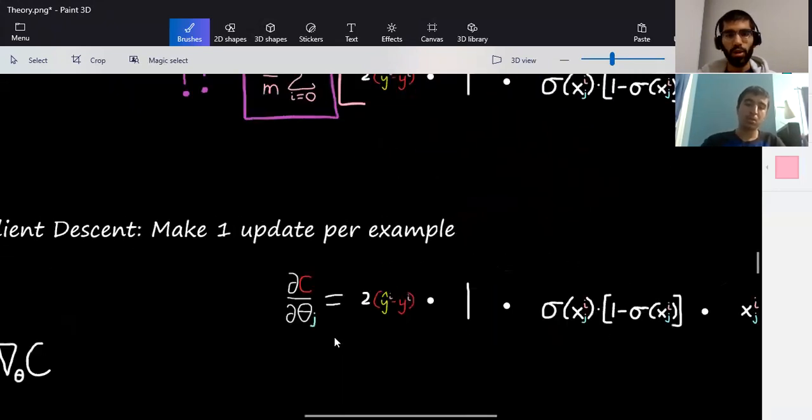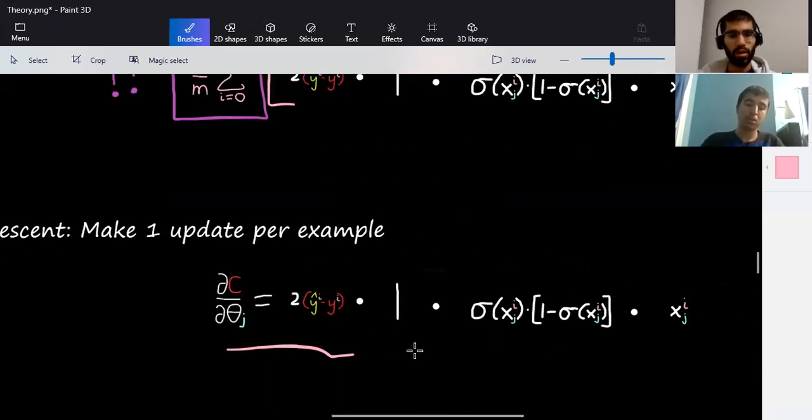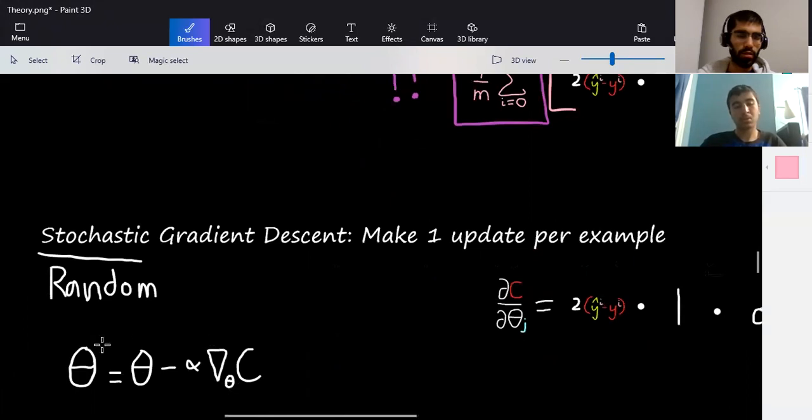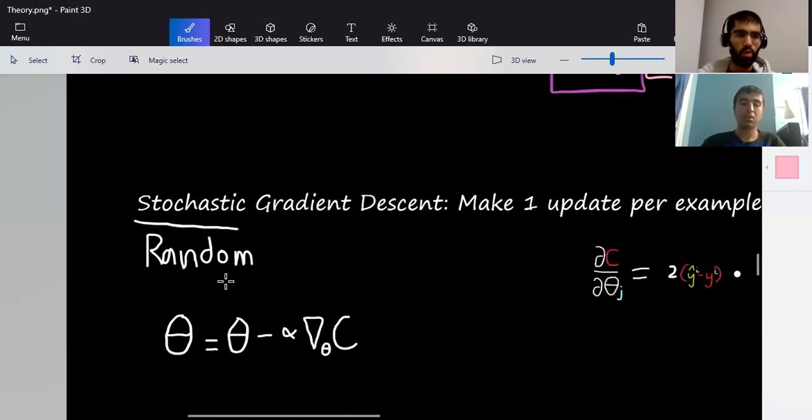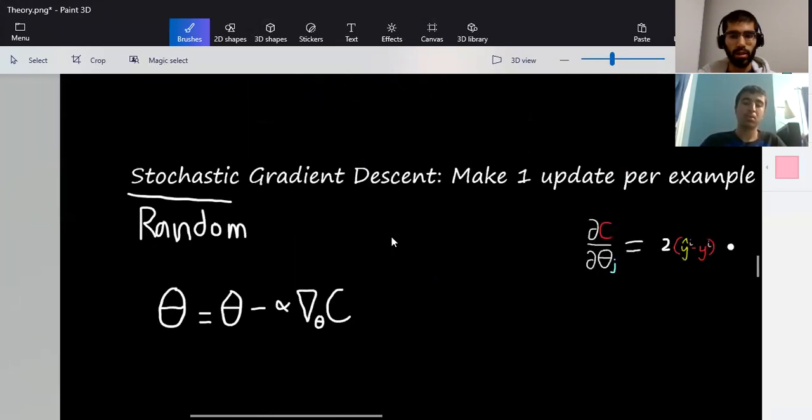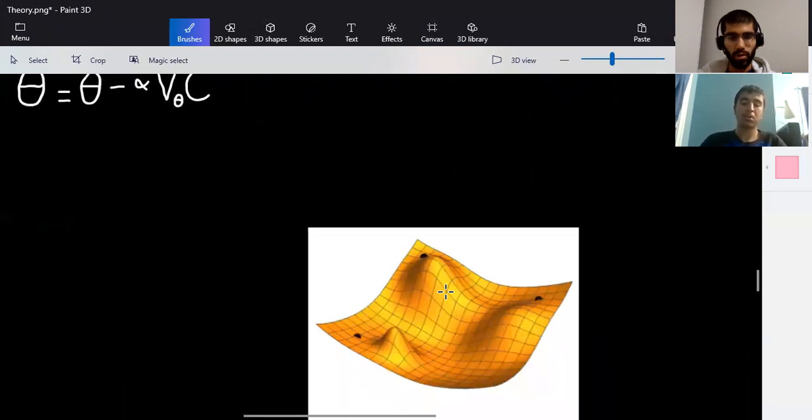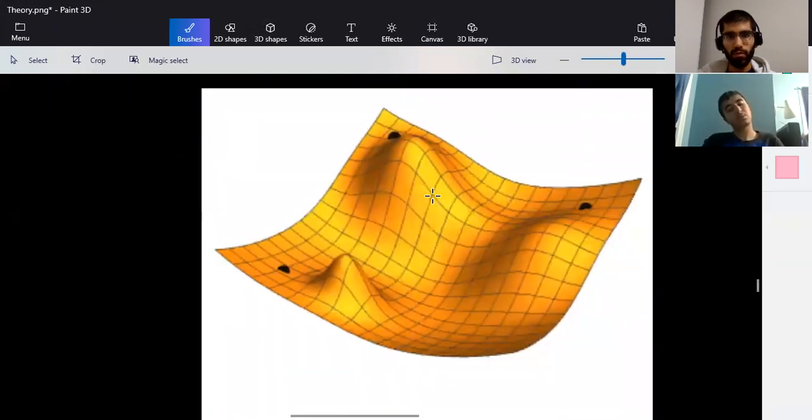This is a lot easier for the computer to calculate, because it just has to do it for one example and then it can make an update. I'll show you now why this is called random gradient descent. Let's say we were doing gradient descent here.